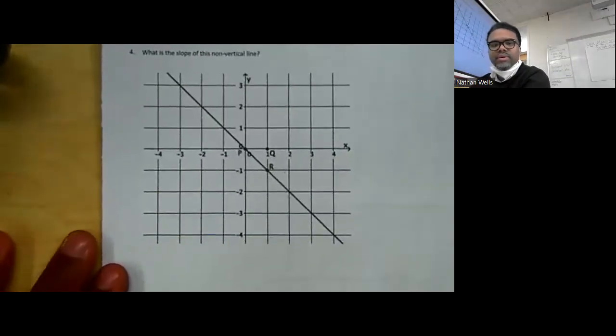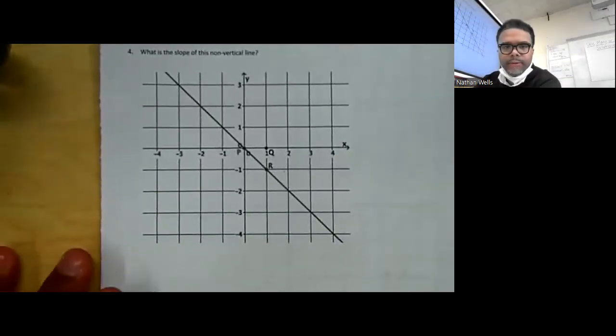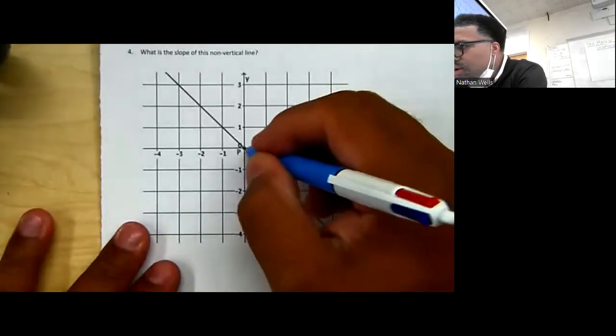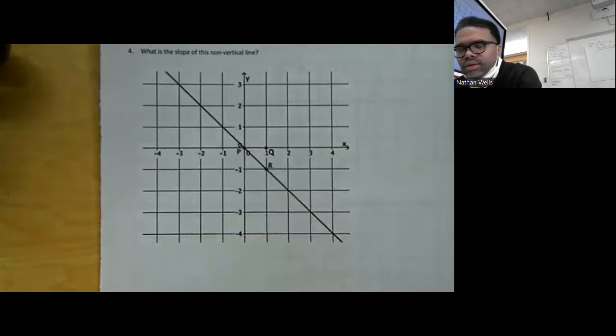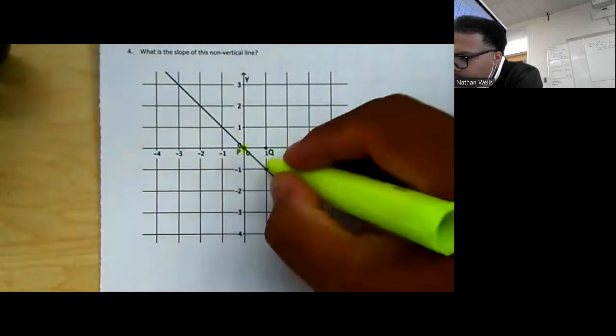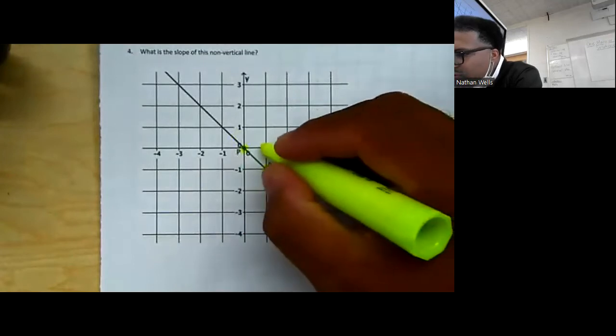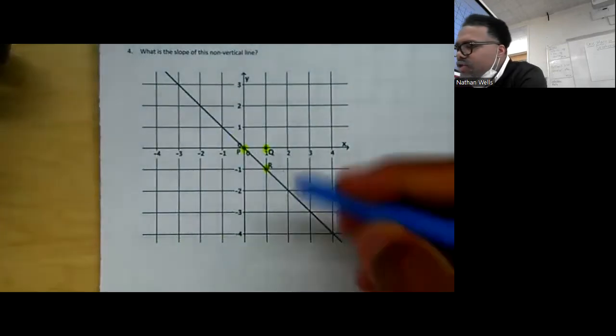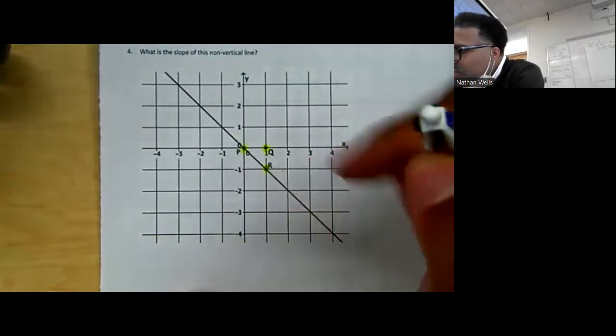Let's take a look at another example. Here, I have 2 points. I actually have a third point, which is here, which means that they want me to take this route.